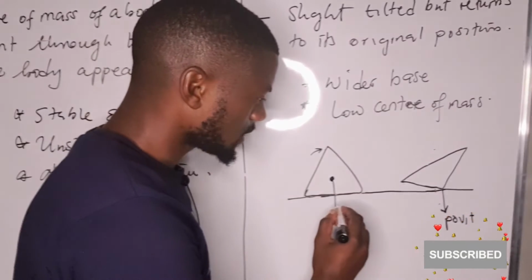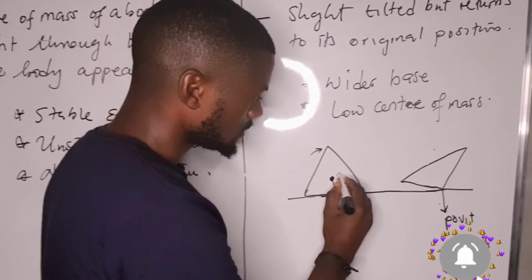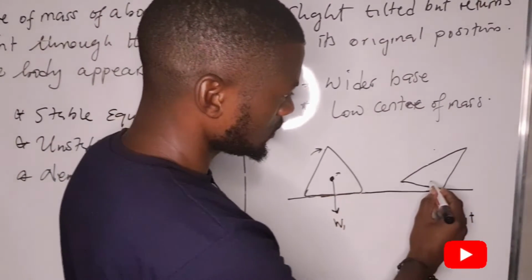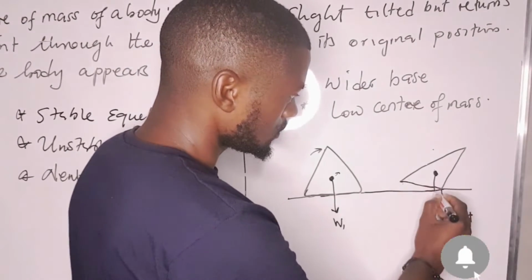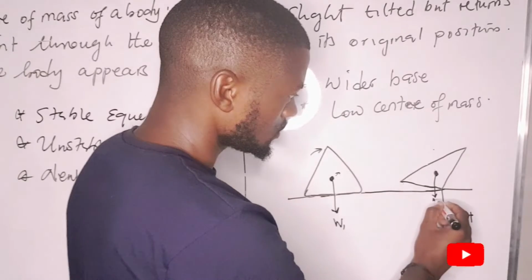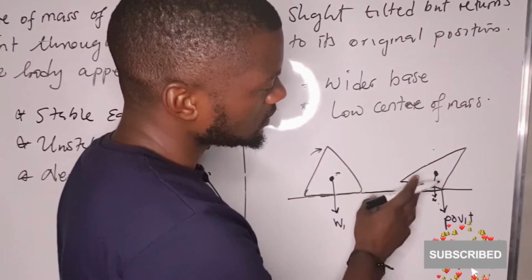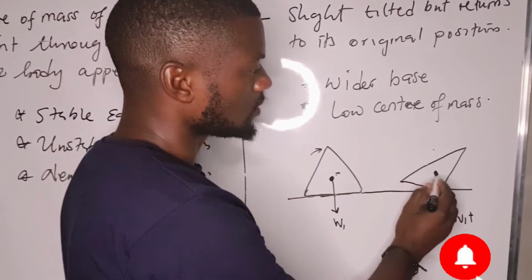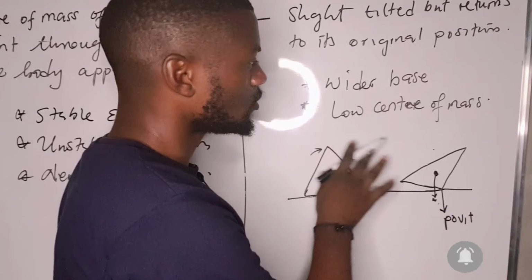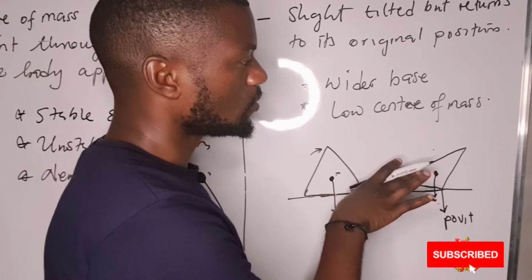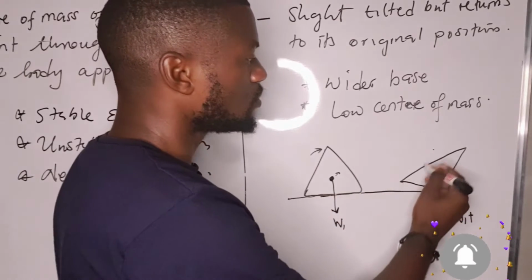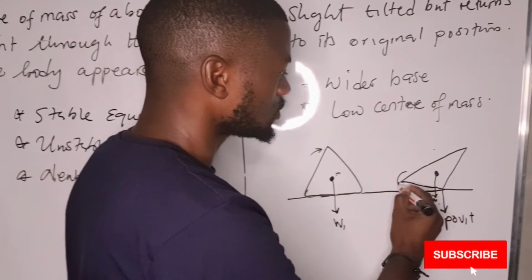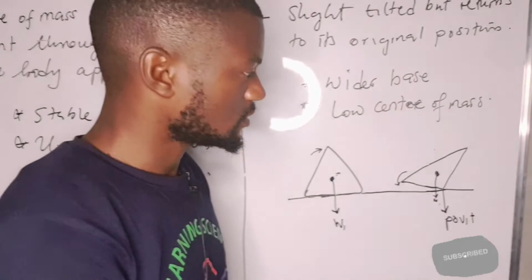And at the same time, the center of mass is raised a bit. So in this case, we have our center of mass there, which is acting downwards. So now, gravity is pulling down around this mass. So if you let the object go, you find that it will be pulled back to its original position by gravity.